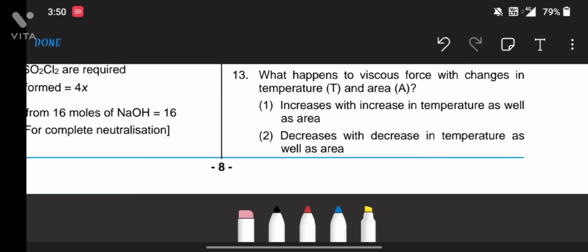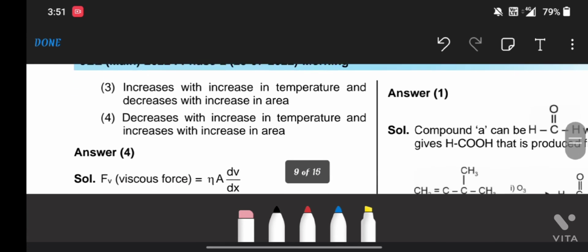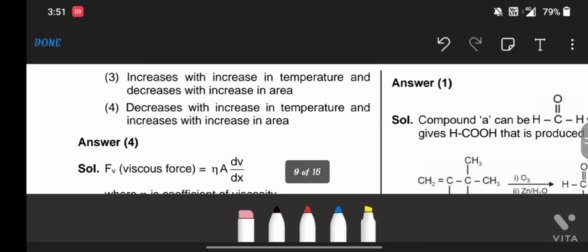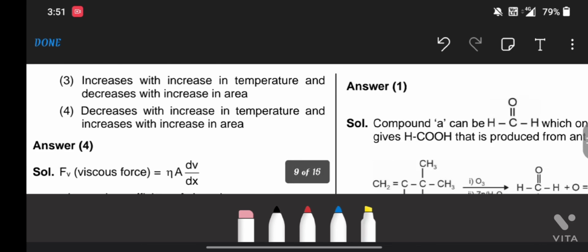The options are: increase with increase in temperature as well as area; decrease with decrease in temperature as well as area; increase with increase in temperature and decrease with increase in area; decrease with increase in temperature and increase with increase in area.